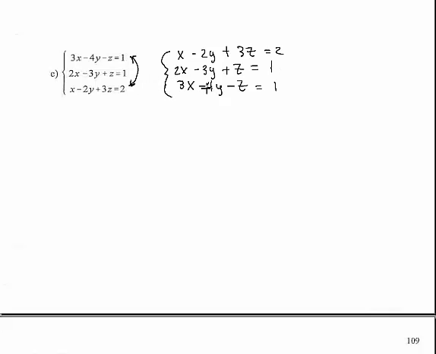So I swapped them, first and the third, and now I want to start with my row operations, getting rid of the 2x and the 3x. I'll start with the second row, getting rid of the 2x in the first step.